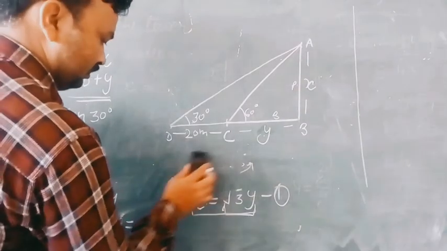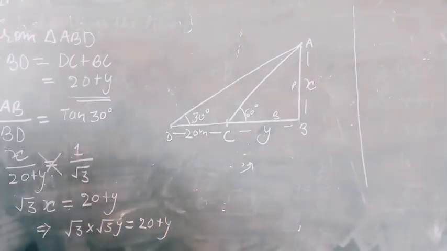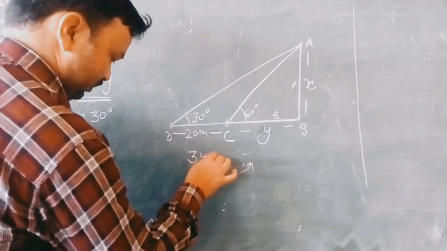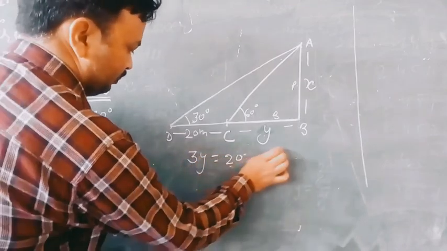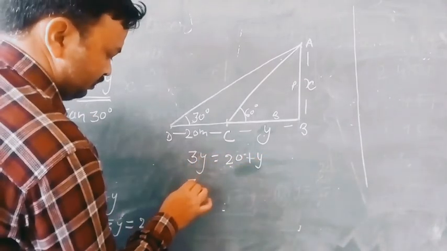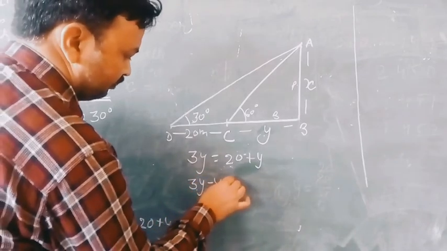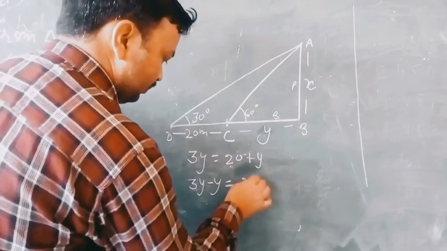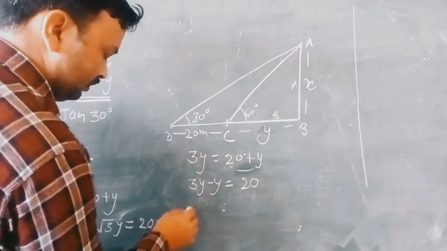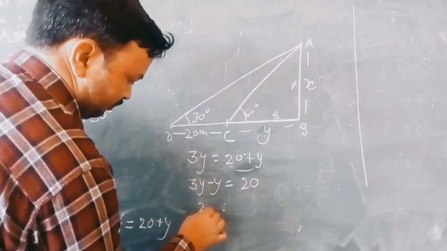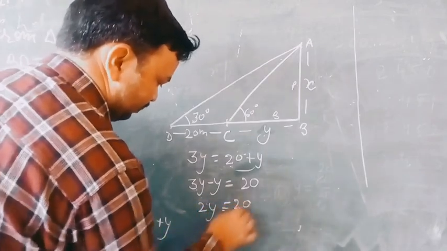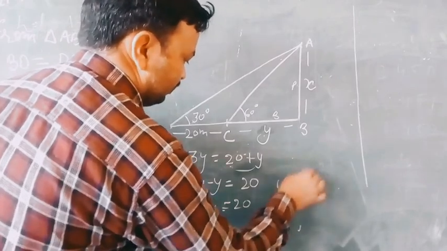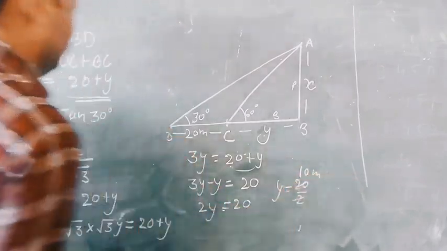Now simplify it and find the value of y. So square root 3 multiplied by square root 3 will be 3y equals to 20 plus y. So 3y minus y, bring y to the left side, will be equals to 20, and 2y equals to 20, and the value of y will be 20 upon 2, that is 10 meter.